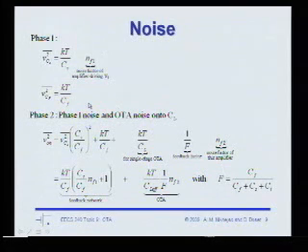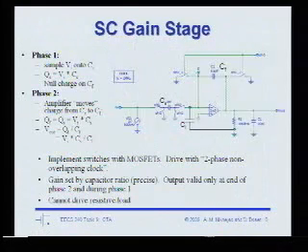In phase 1, here's the circuit. In phase 1, I'm discharging this capacitor, and so I pick up a noise, KT over CF, in doing so. And also in phase 1, I'm sampling the input voltage, and here I pick up a noise, KT over CS. Now I want to see how these noise terms make their way to the output in phase 2.